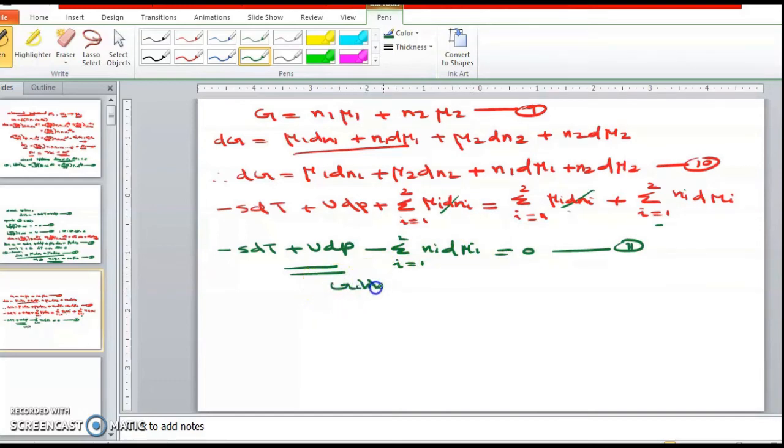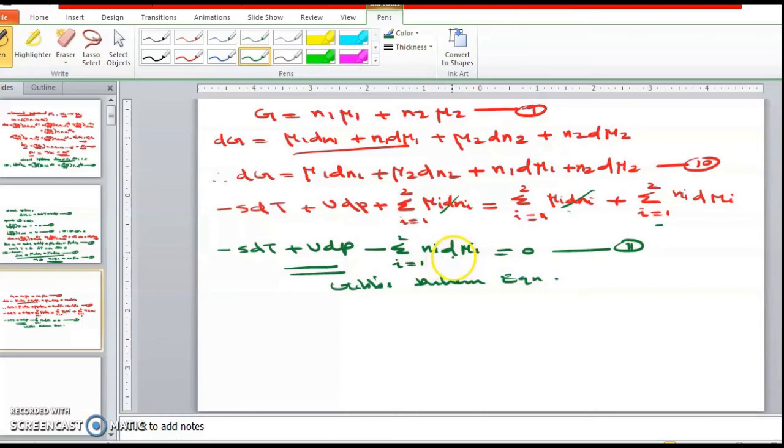This equation is the Gibbs-Duhem equation. From equation 11, it is quite clear that the intensive variables temperature, pressure, mu1 and mu2 are not independent.